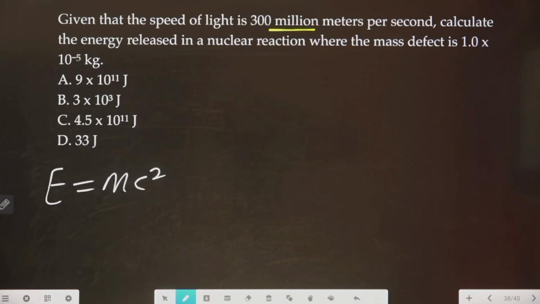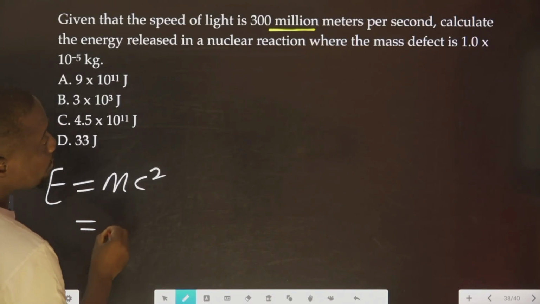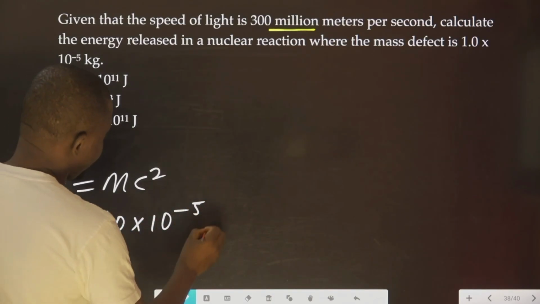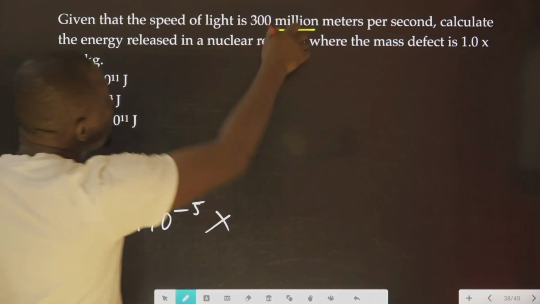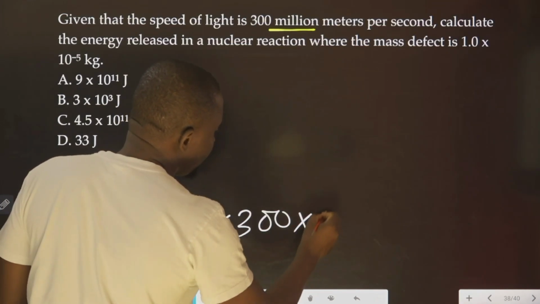Okay? The first thing we need to ask ourselves, what is the mass? The mass is this. Let's just put it straight to be 1.0 multiplied by 10 raised to power minus 5. What is the speed of light? The speed of light is 300 million. Million is what?